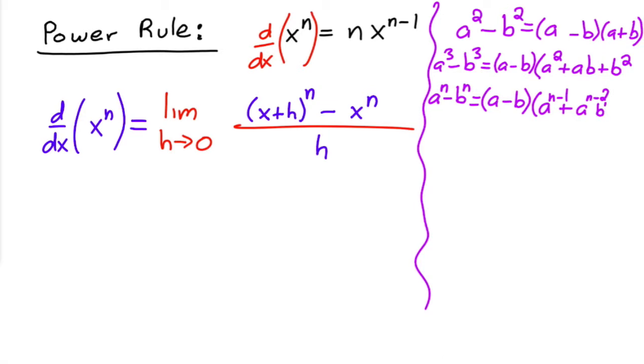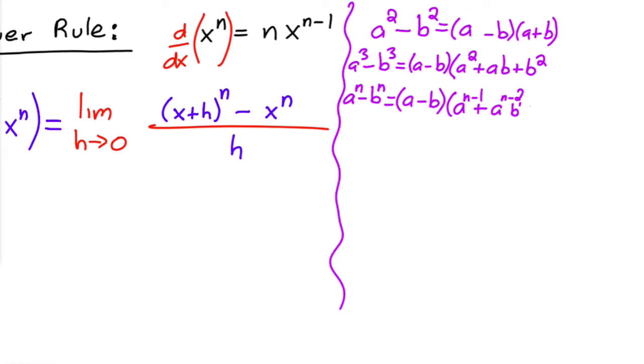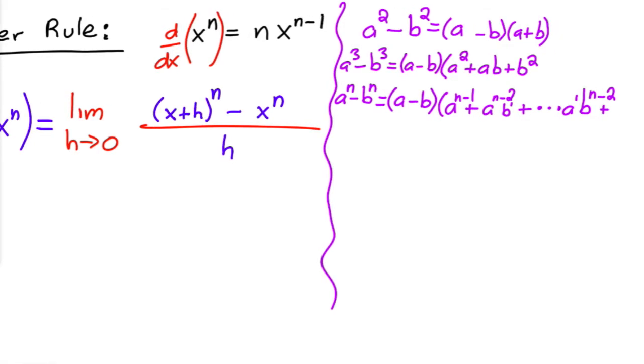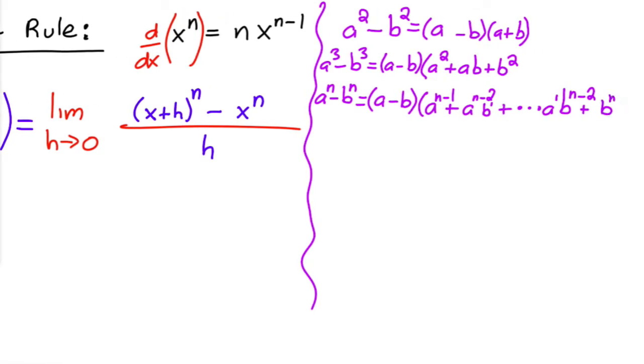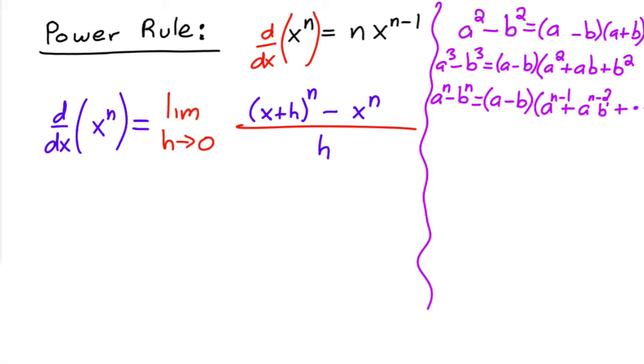And so what ends up happening is the degree of the first one goes down every time until you get to a to the 1, b to the n minus 2, and then plus b to the n minus 1. So notice how the degree of the first one goes down and the degree of the second goes up each time.